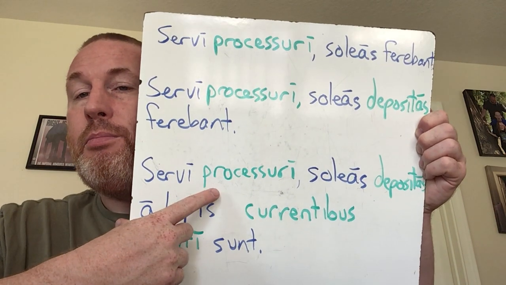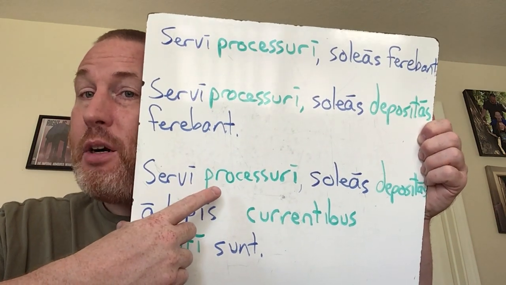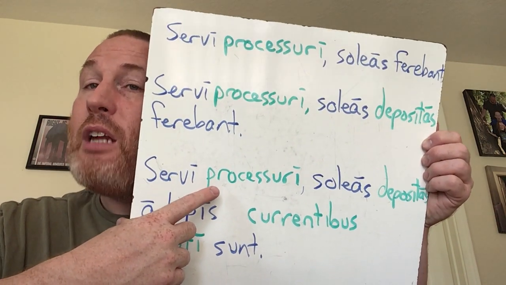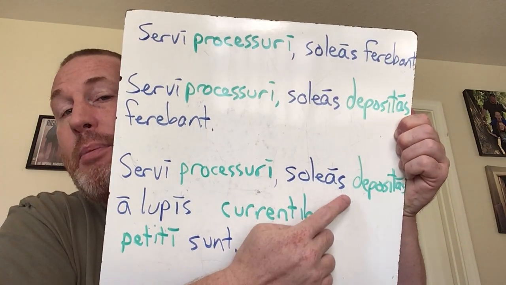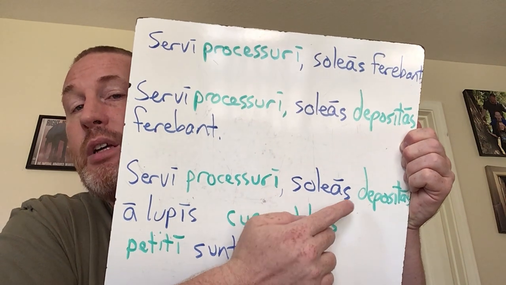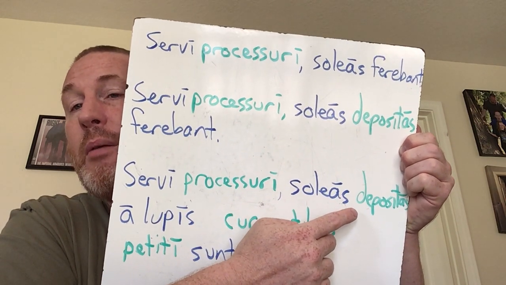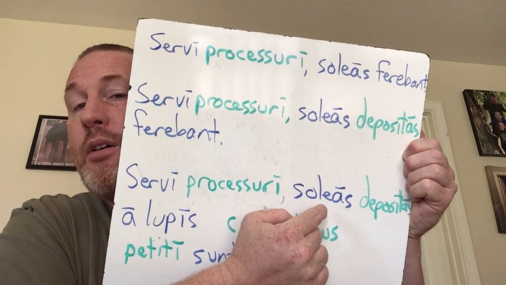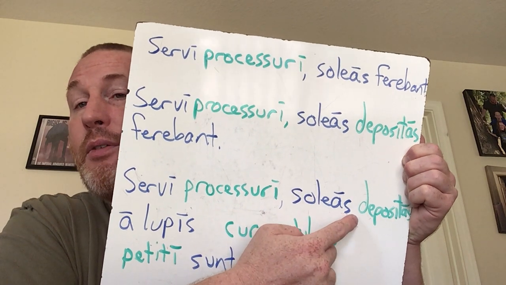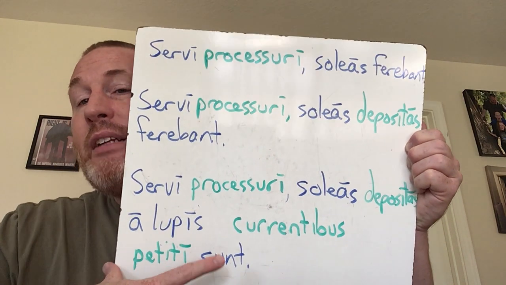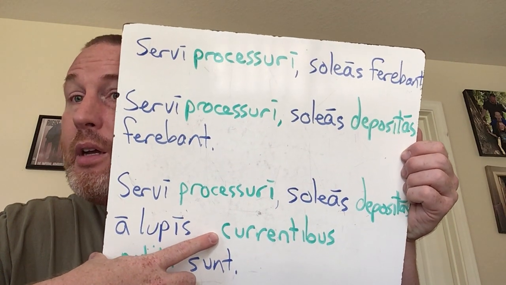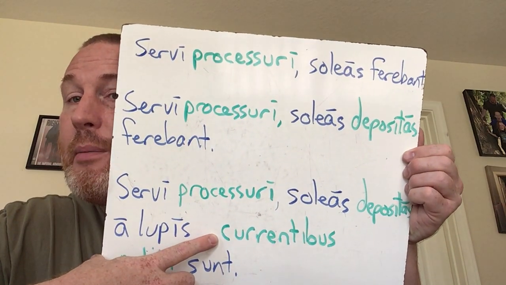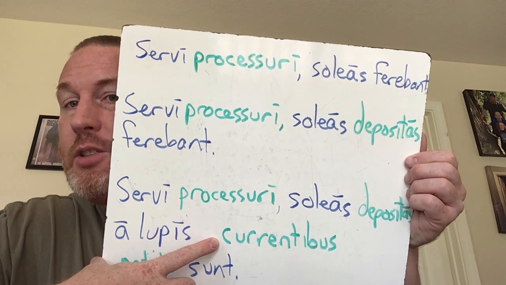So, processuri, again, future active participle, you can tell by its formation. It is nominative, plural, masculine, because it's modifying a nominative, plural, masculine. Depositas soleas, so it's accusative, feminine, plural, because it's modifying soleas. This is a perfect passive participle. Currentibus is plural. It could be masculine or feminine because we can't quite tell.